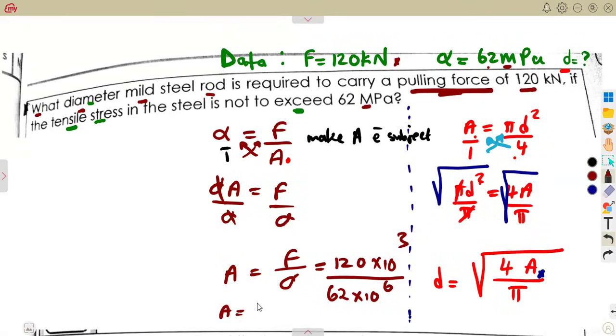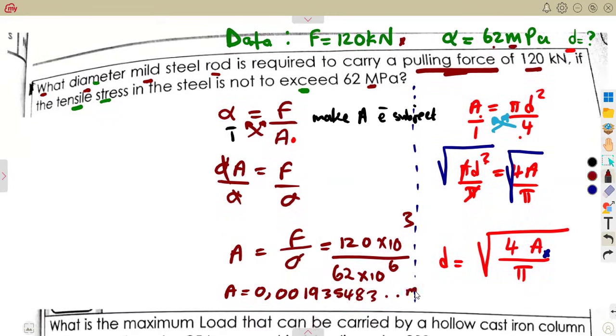So this is going to give us the area. In that case, it is going to give us a decimal. Like I said, these decimals, guys, it is going to be 0.0001935483, something like that. It's your area, in square meters. You can even just move the commas there, 1, 2, 3, depending on what you want.